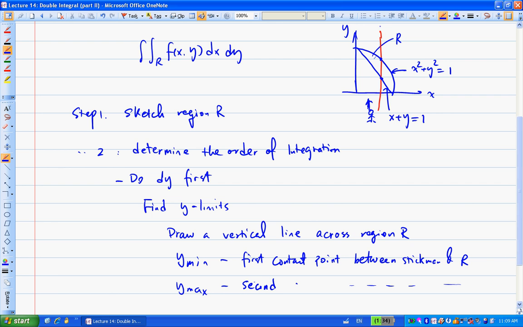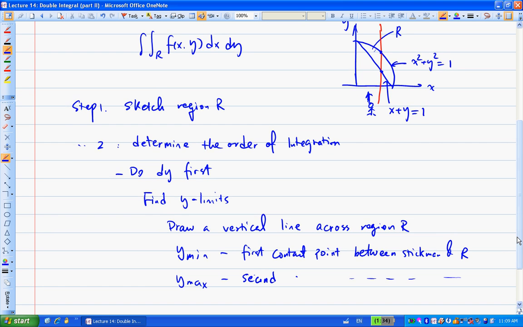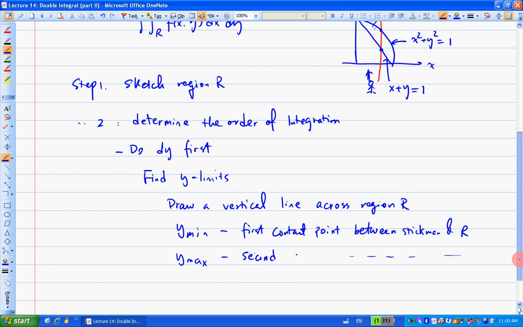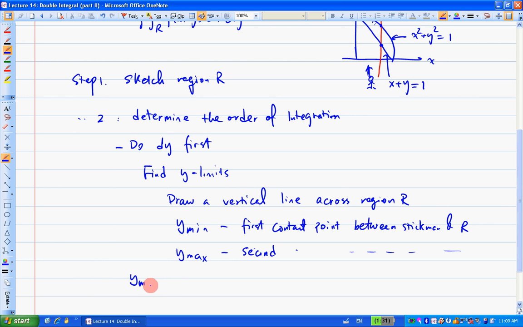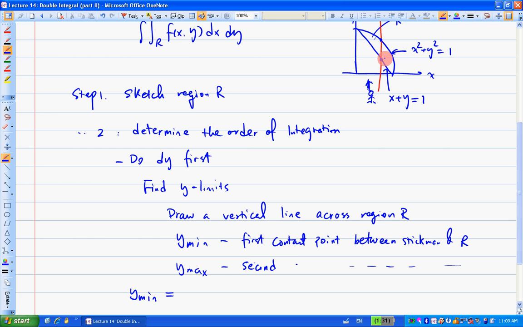As you can see, it doesn't matter where I draw, I get in contact with this line right here. So what will the y min be here? It's y equals minus x.